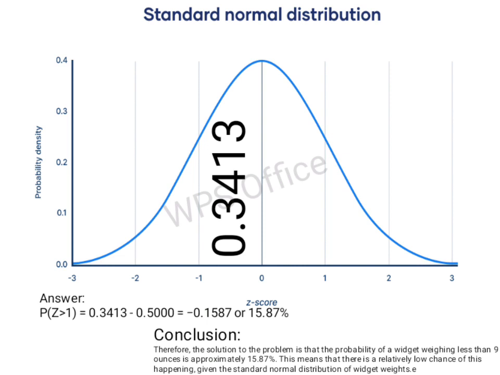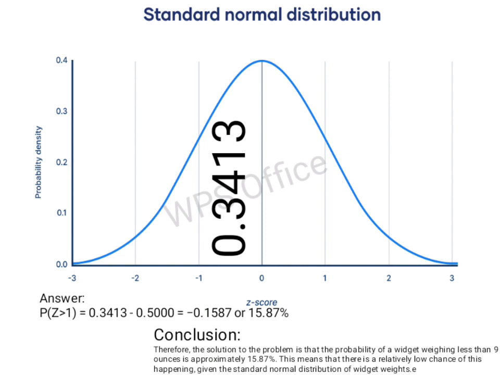Our conclusion is, therefore, the solution to the problem is that the probability of a widget weighing less than 9 ounces is approximately 15.87%. This means that there is a relatively low chance of this happening, given the standard normal distribution of widget weights.